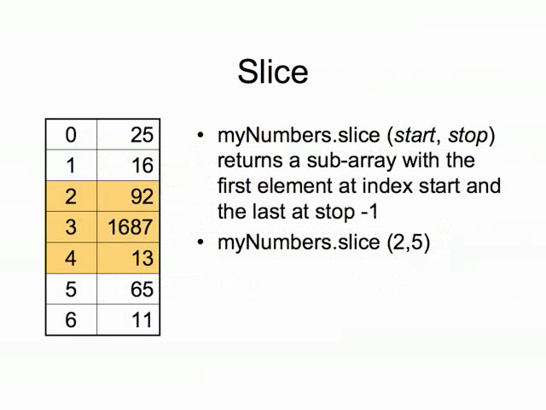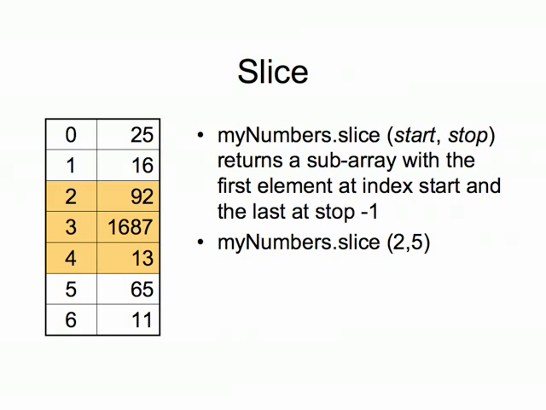The slice method will return a subarray from an array. So myNumbers.slice(start, stop) will return the subarray with the first element at start and then the last element is at stop minus 1, as it happens. You'd expect stop to be the last element, but this range isn't inclusive.